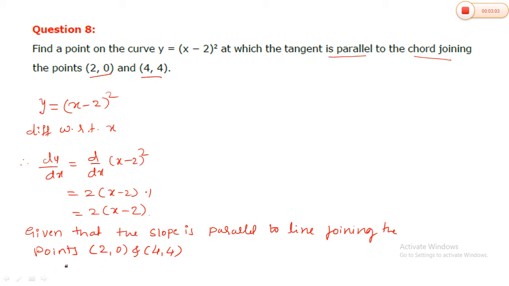Therefore, the slope of the chord is y2 minus y1 divided by x2 minus x1, and this equals m.